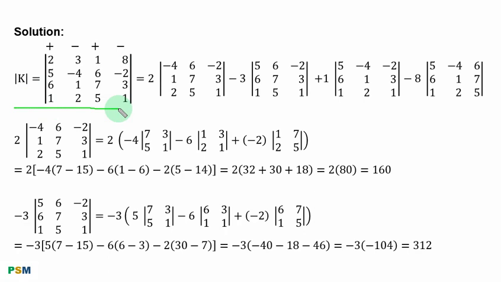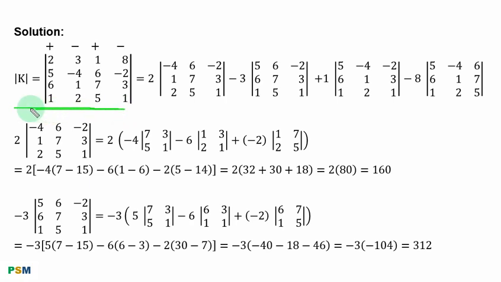In order to evaluate the determinant, the entries are enclosed under the symbol of determinant. I'm going to use the Laplace method of evaluating determinant. That method is best used for 2 by 2 matrices.